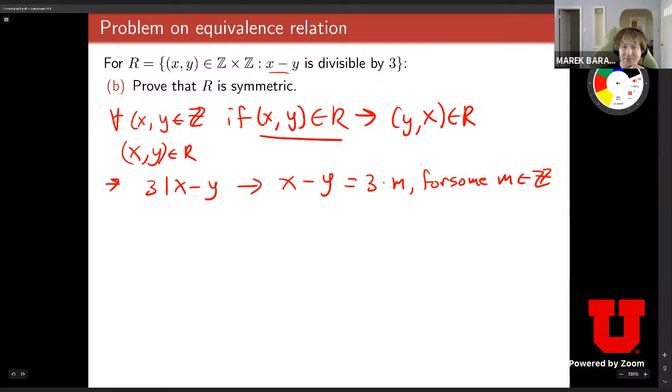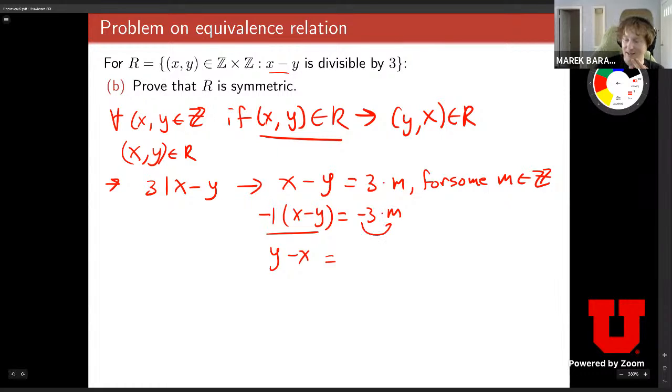Then if we multiply both sides by -1, we get -1 times (x minus y) equals -3 times m. Applying this, we get y minus x equals, I'm going to move the negative in front of the m, 3 times negative m.